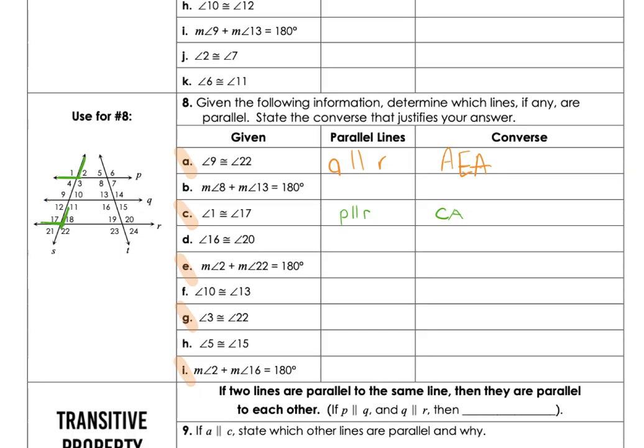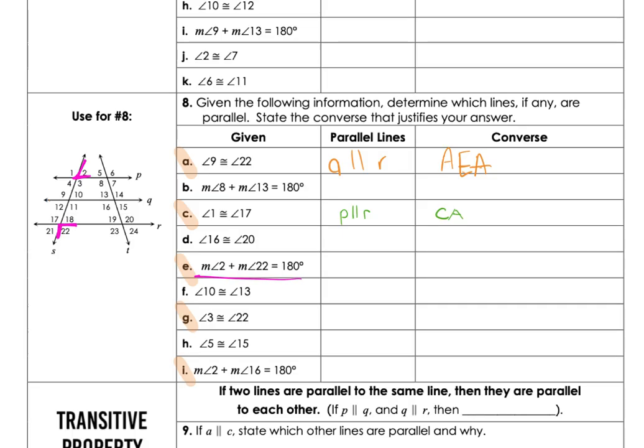All right. Who wants letter E? 2 and 22. Here's 2. Here's 22. Who wants it? Is it Ben? Yeah. Come on up, Ben. Be kind.